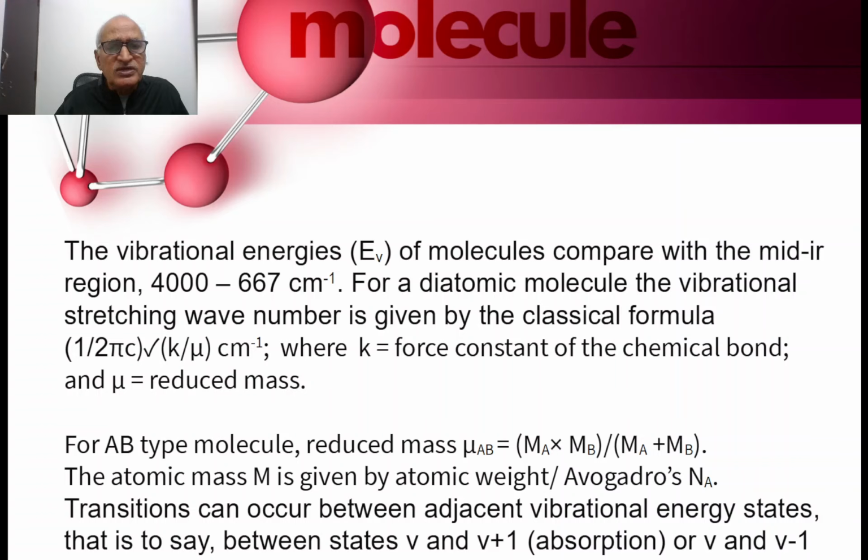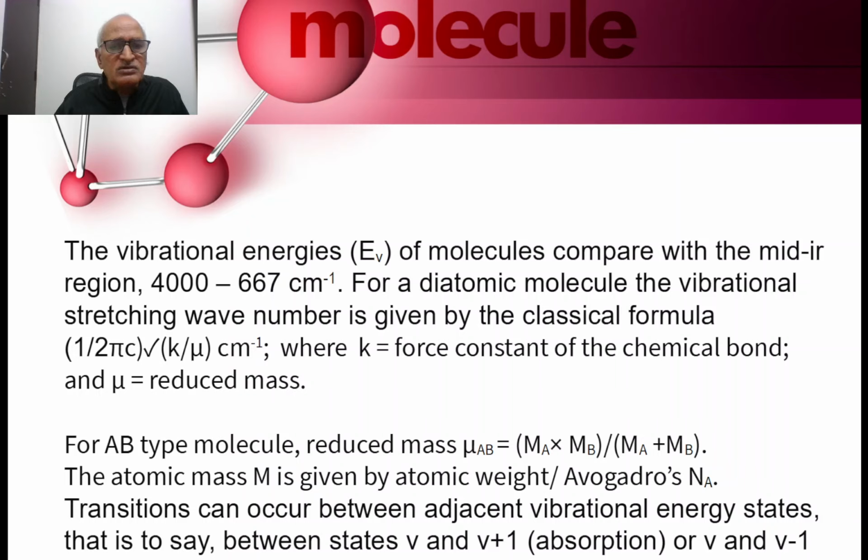It is calculated by dividing atomic weight with Avogadro's number. So clear cut, there is a distinction between atomic mass and atomic weight. When atomic weight is divided by Avogadro number, we get mass of one atom called atomic mass. And in this way, mu AB, which relates to the reduced mass of the system AB, can be calculated.